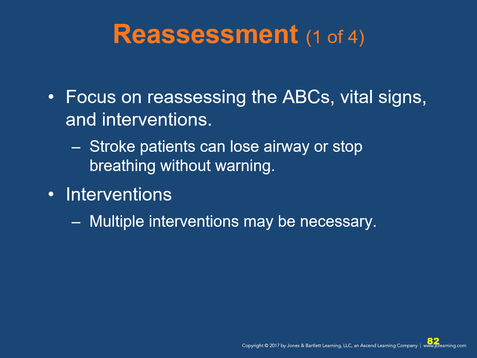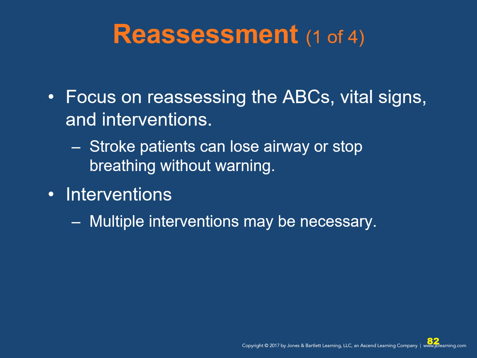In terms of reassessment, when you reach the point of doing a reassessment, you want to make sure you focus on reassessing their ABCs, vital signs, and review interventions that have been provided to the patient up to the point where you have reached the reassessment stage in their care.